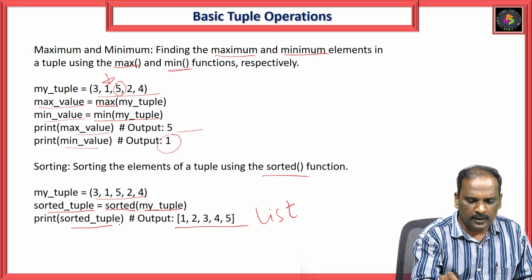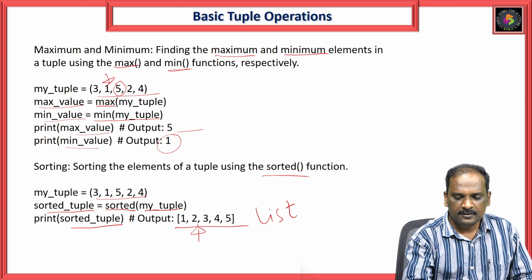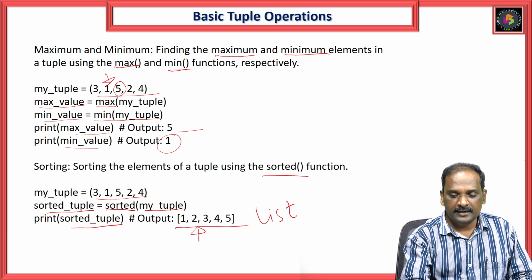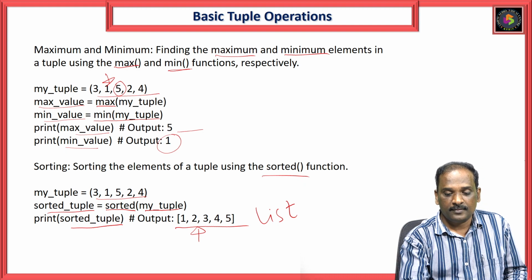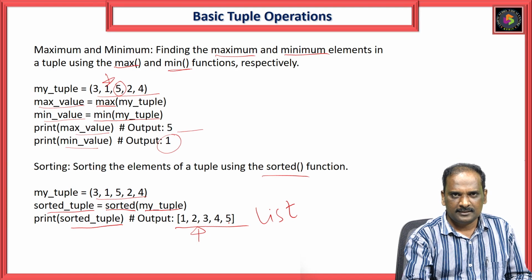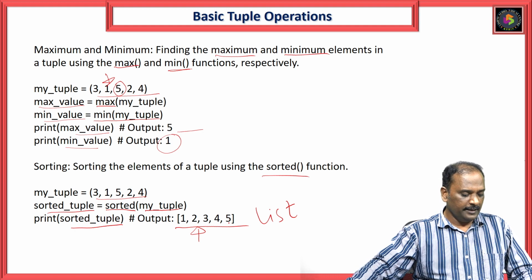So when I print the sorted tuple, we get the elements 1, 2, 3, 4, 5, which are sorted in the ascending order, and the returned type is the list. This we shall see in the Python interpreter.